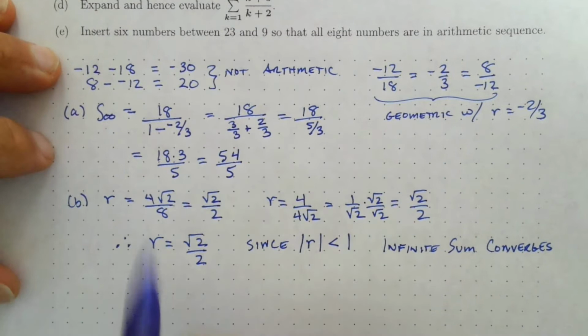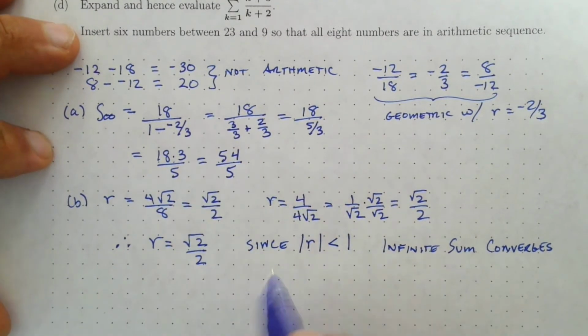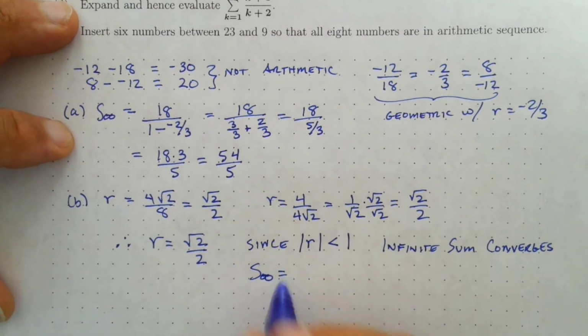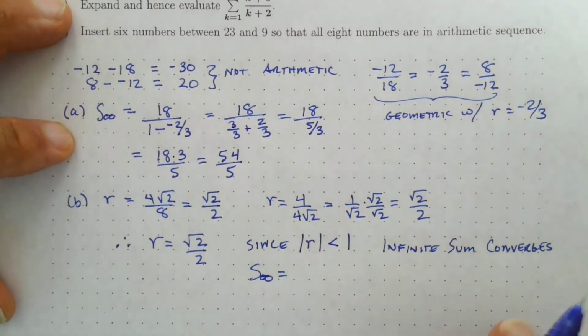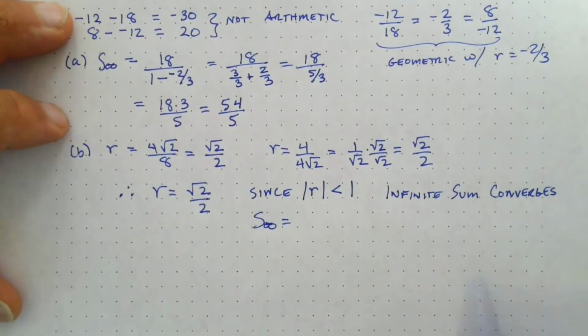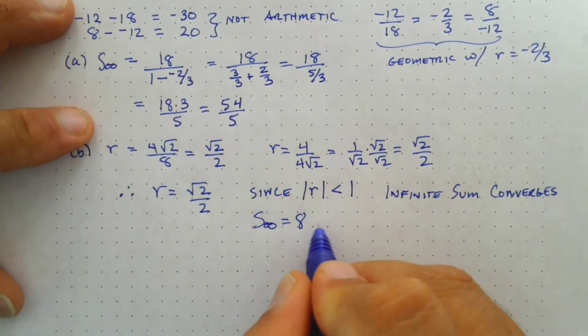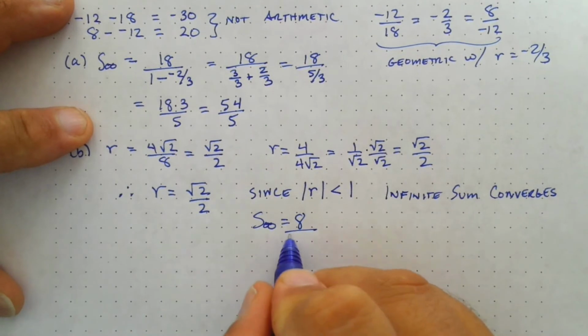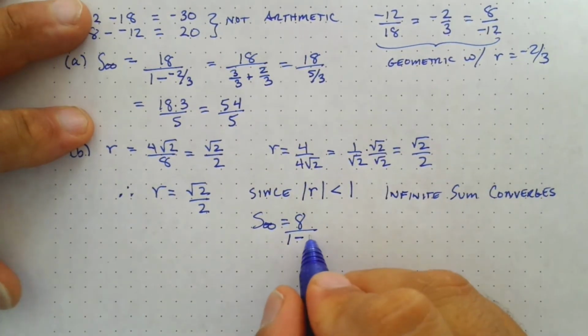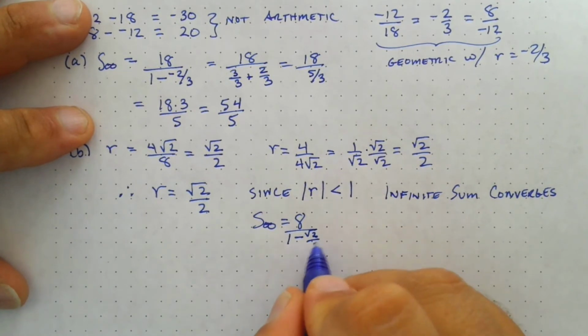And we're going to use the same formula for the infinite sum of this geometric progression, where that sum to infinity is going to be my first term. Right, for this particular problem, the first term was 8. So the sum is going to be 8 divided by 1 minus my ratio, and my ratio there was root 2 over 2.